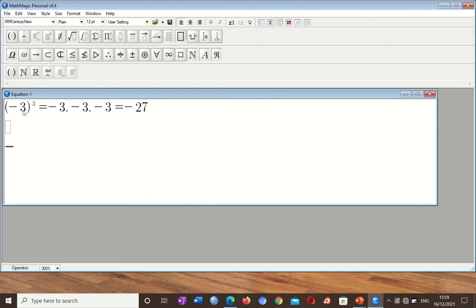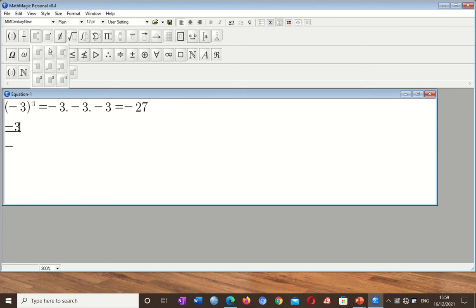Okay, I have this minus 3 here. If it is in the brackets, I have a different result. If it is not in the brackets, I have a different result. For example, minus 3 to the power 3.